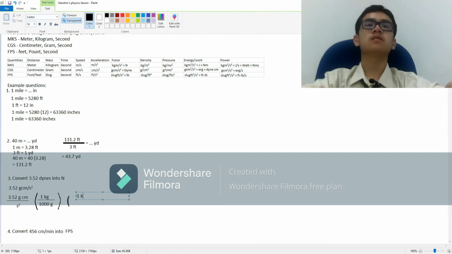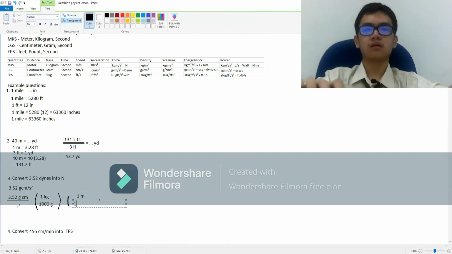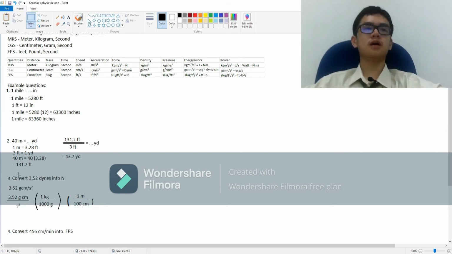Now we need to do the centimeter to kilometer. Yeah, no, it's meter. So in 1 meter, there are 100 centimeters. So this is essentially now 3.52 times 1 over 1,000 times 1 over 100.